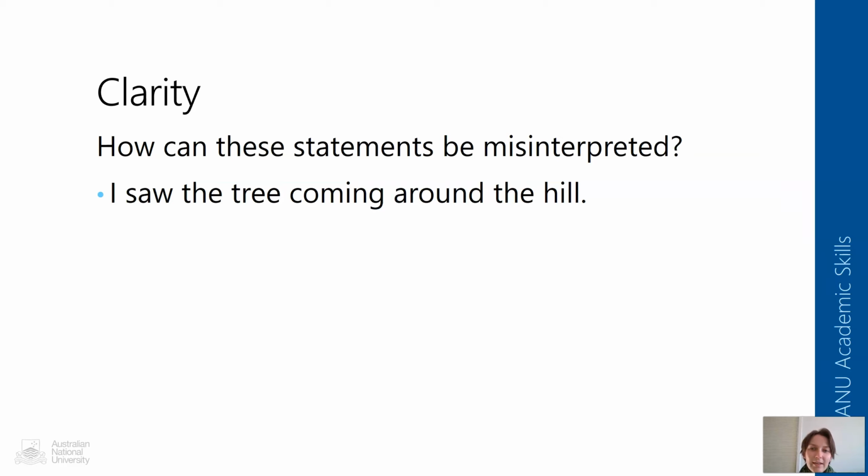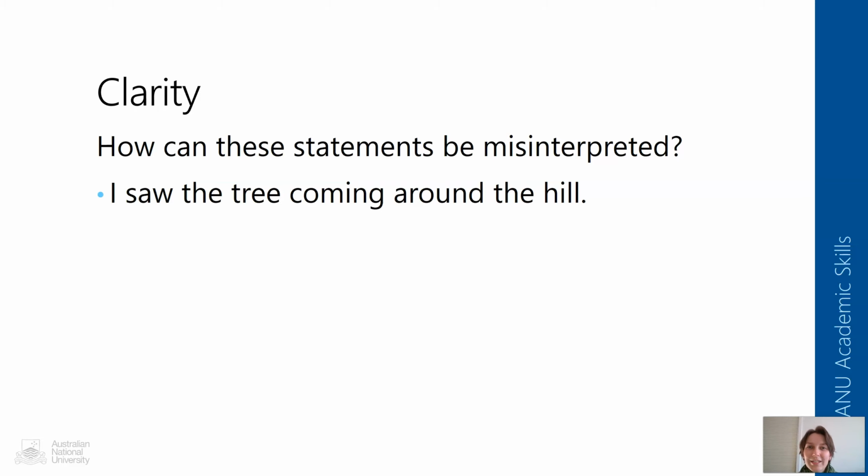Now, in terms of clarity, always go back to thinking about the accuracy of your sentences. So think about an exercise like this. How can these statements be misinterpreted? The first one, I saw the tree coming around the hill. Now, of course, you would expect that your reader would think, okay, so the person in this sentence is moving around a hill, and they are seeing a tree on the top of the hill.